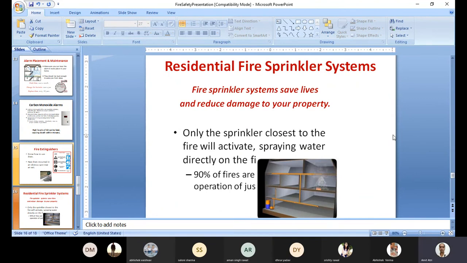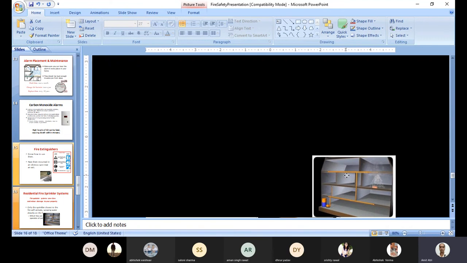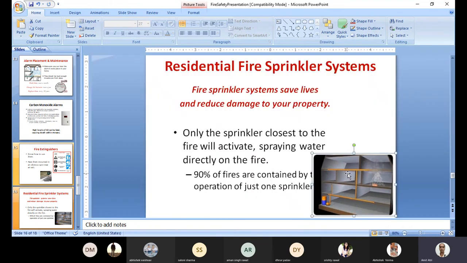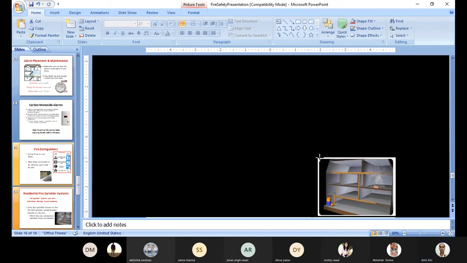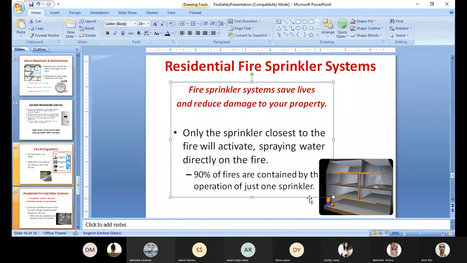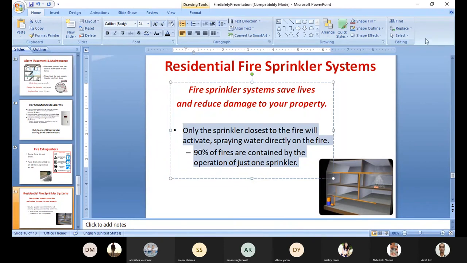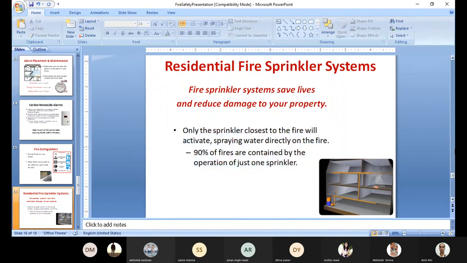Now one more thing, this is related to technology. Along with the alarm, there is a fire sprinkler system. It is needed to reduce the damage to life and property.